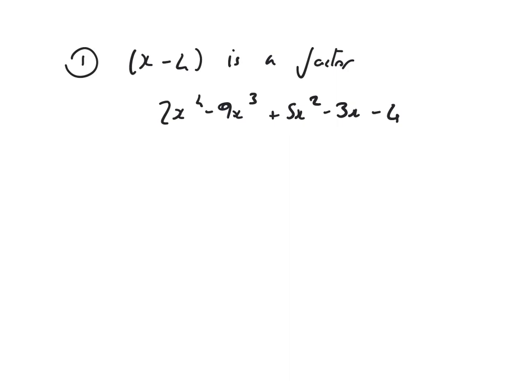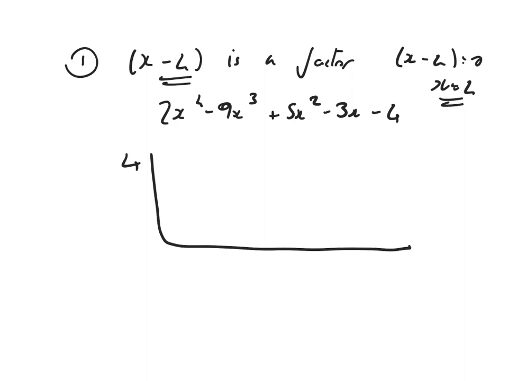Okay, so first thing, if x minus 4 is a factor, then up at the side we put x equals 4. We've then got coefficients of 2, minus 9, 5, minus 3 and minus 4.